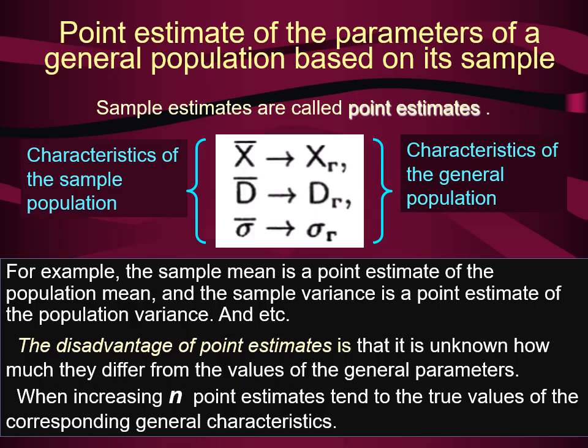That is, we will select 10 people from, well, maybe I don't know, millions of patients suffering from various diseases. Let's study these 10 and say that the indicator, let's say some biochemical indicator of blood, for the entire general population is approximately as much as the sample average shows us.